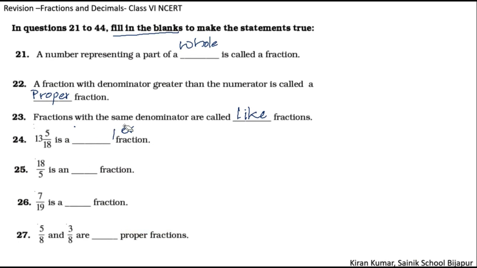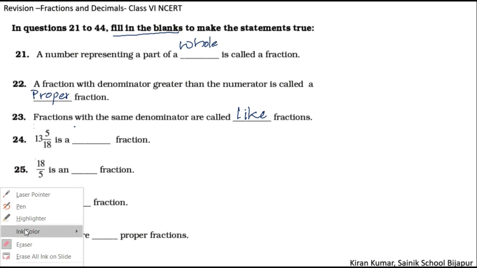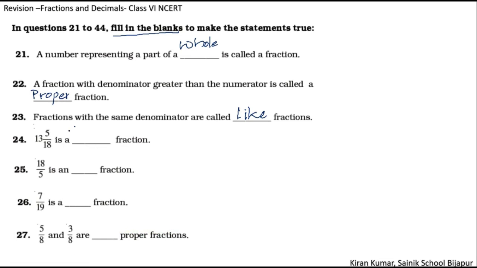I made a mistake here. Here we have integer as well as proper fraction. It's a combination. So the right answer is mixed fraction. For this one, it is improper. 7 is smaller than 19, so it is a proper fraction. Look at 5 by 8 and 3 by 8.